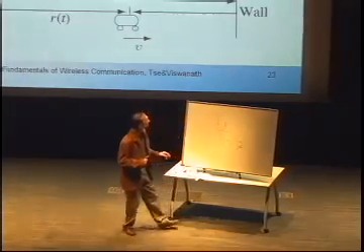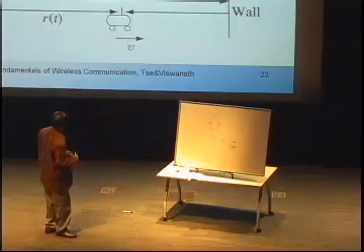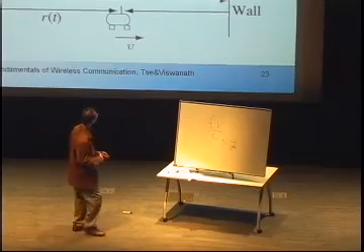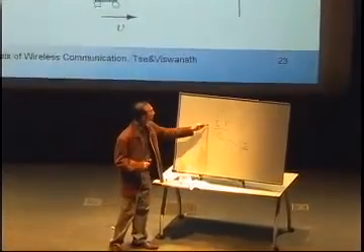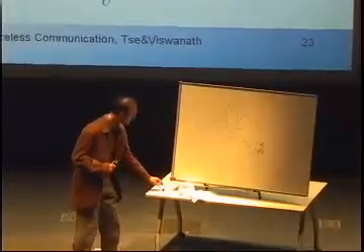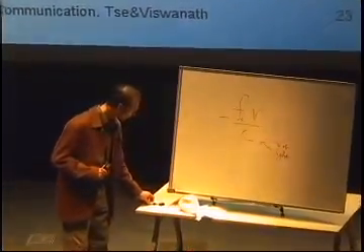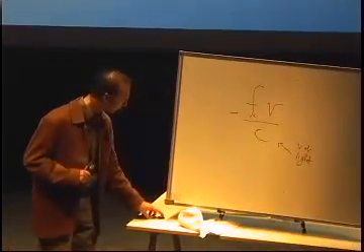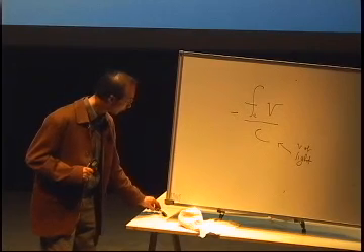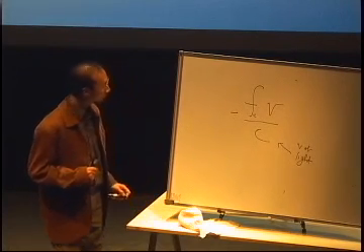Okay? So this is the Doppler shift. I guess it should be a minus sign here. So Doppler shift is proportional to the speed of the object, and proportional also to the carrier frequency.